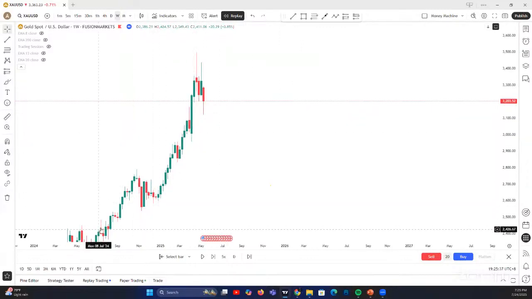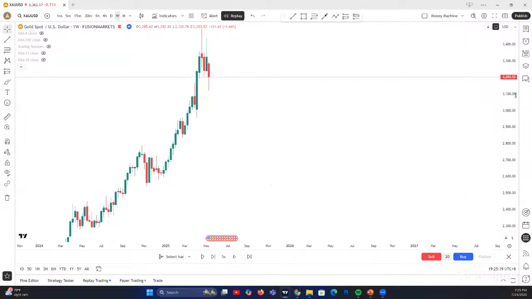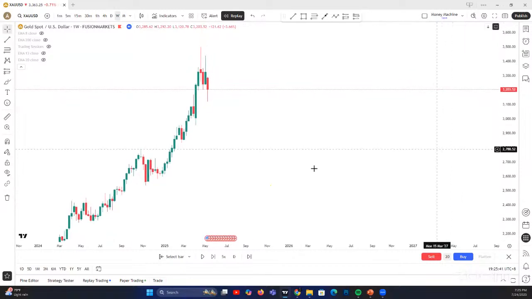Okay, so looking at this chart now, what do you see? Is it bearish or bullish? Bullish, very good. Why? Because it's all going up. These are higher lows, and it never broke past there.